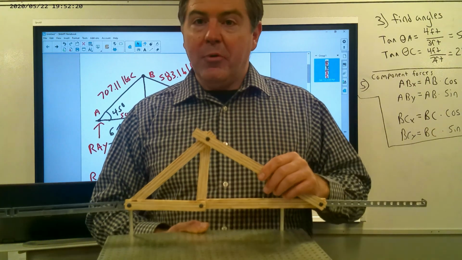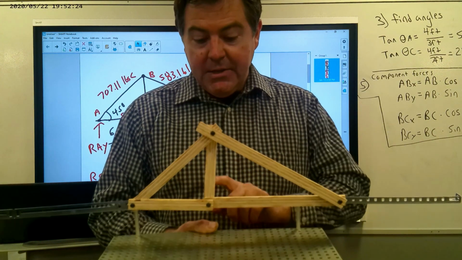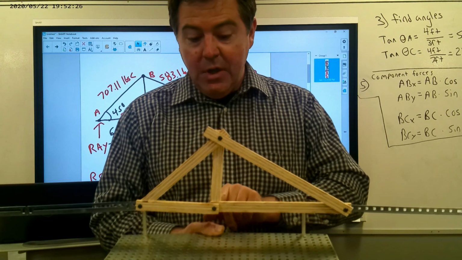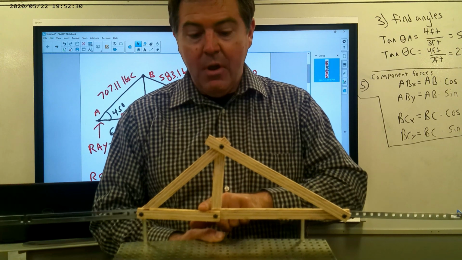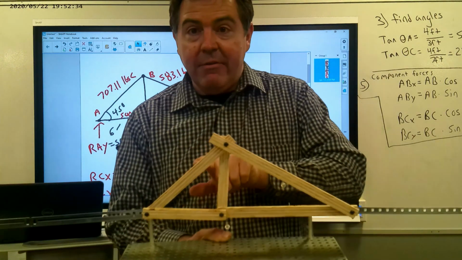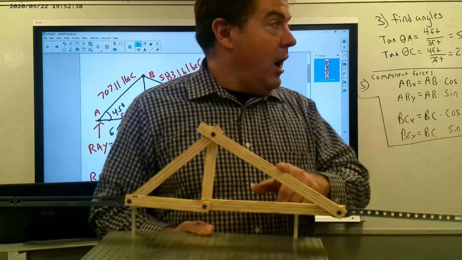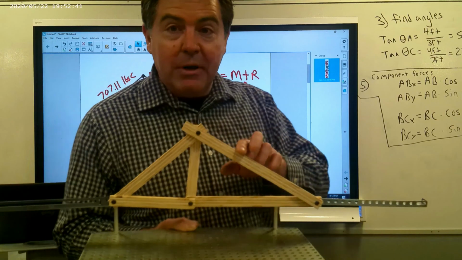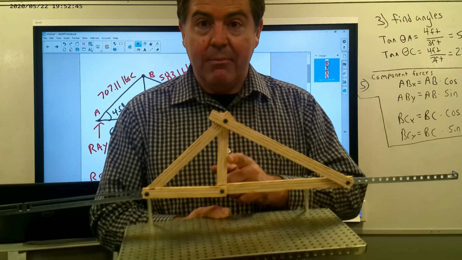It would be proportionate. So what that means is we have our 800 pound downward force, we have 500 pounds of tension, 500 pounds of tension. We would have a compression force on this member of 707.11 pounds. We would have a compression force on this member of 583.16 pounds, and we would have 800 pounds on this member.